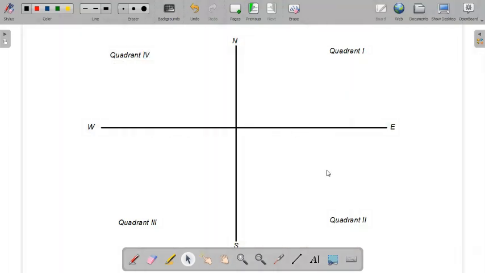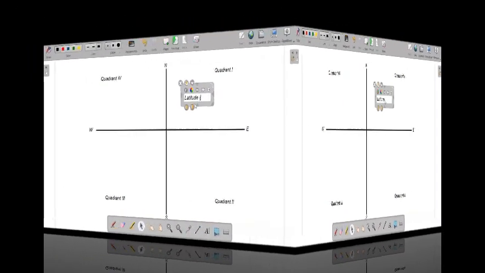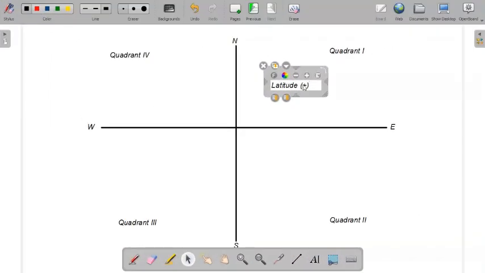In the first quadrant, always remember that when your latitude is on the north, it is positive. So in the first quadrant, your latitude is positive, and your departure is positive too, because it's on the east side.